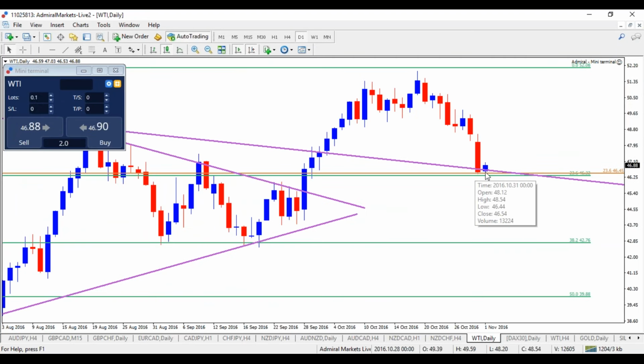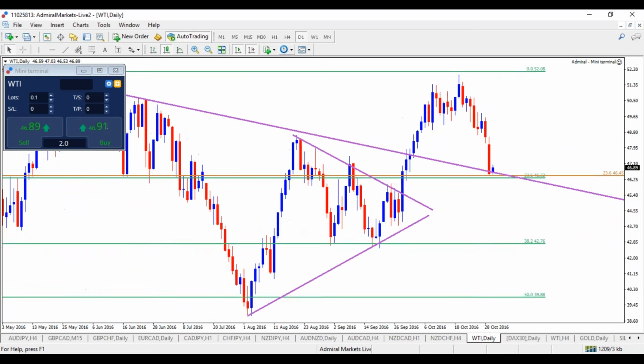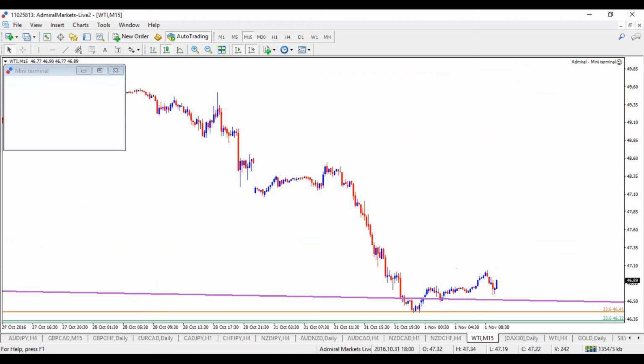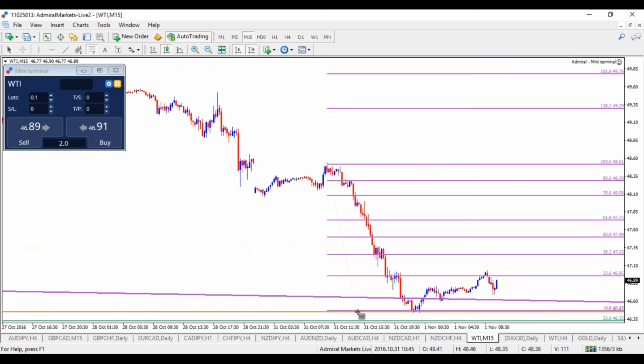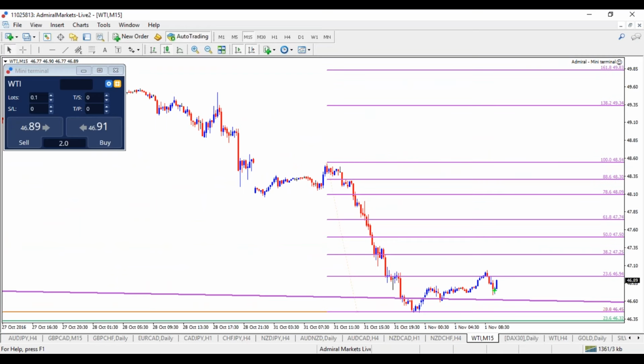Considering yesterday's daily candle, probably one more downside is likely. Strong momentum here. Retracement, bear flag up to the 38.2 fib like this.